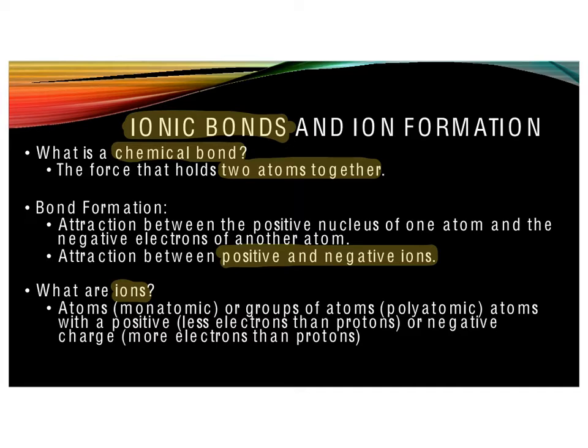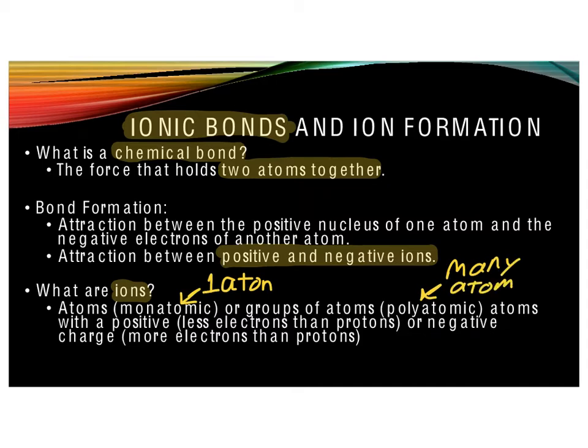Ions are atoms, either monatomic, and monatomic, of course, means one atom, or groups of atoms, which are called polyatomic, poly meaning many atoms.